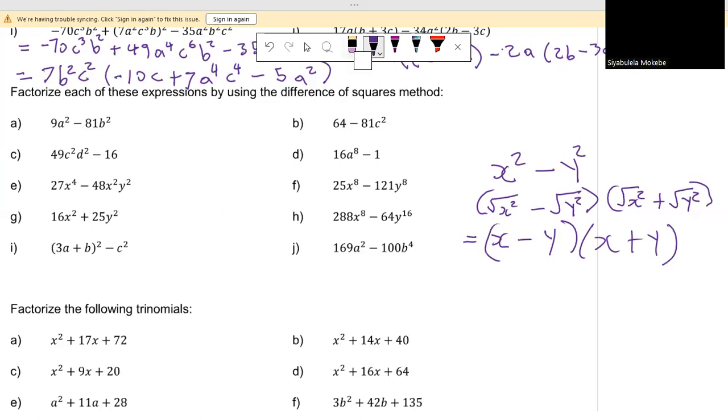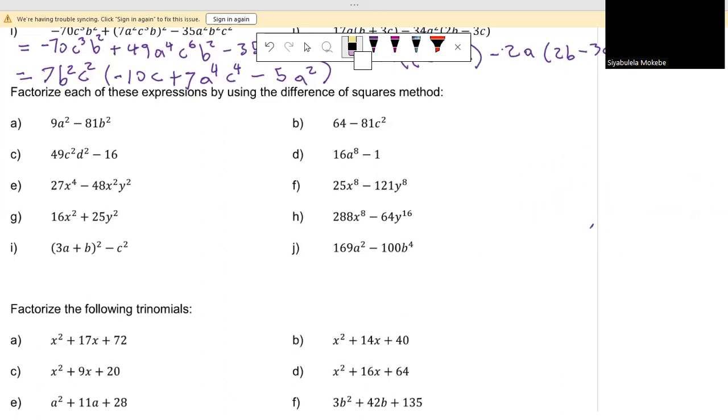Now, I want to explain something further. I want us to understand what this actually means. If you have, let's say, a to the power of n, what does the square root actually mean? It means that you are basically having an exponent 1 over 2.